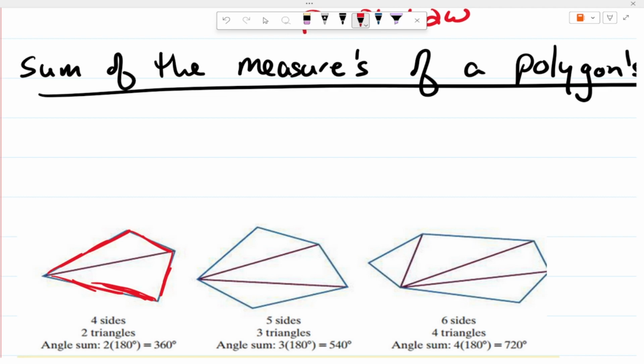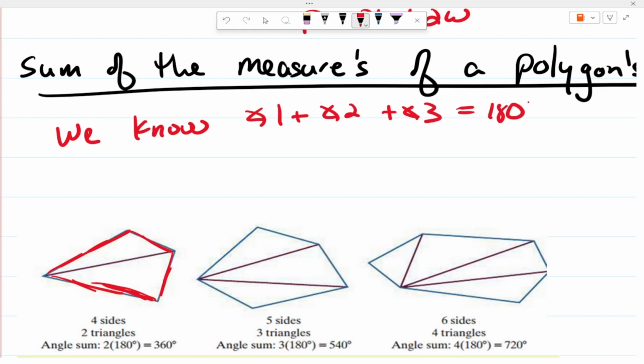Now, if I wanted to find the sum of all the angles inside of this, I'm going to create triangles, because what we know is that all the angles, 1 plus 2 plus 3 in a triangle, must total up to 180. So if I look at this very first example here, notice I can form 2 triangles.